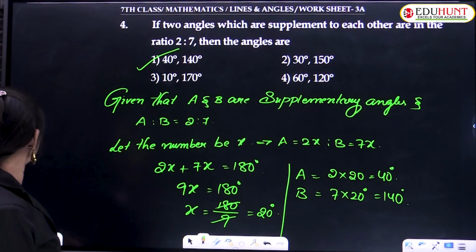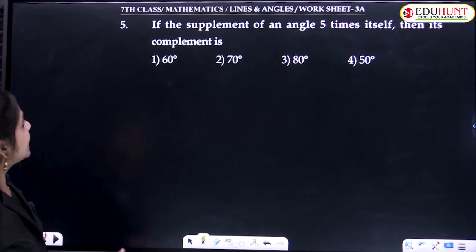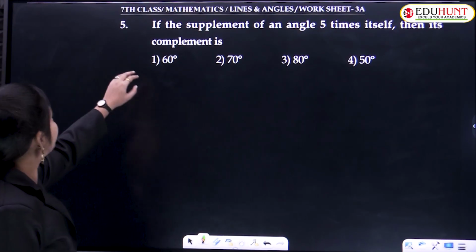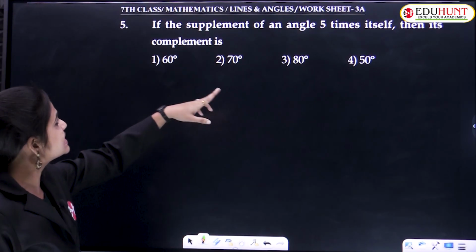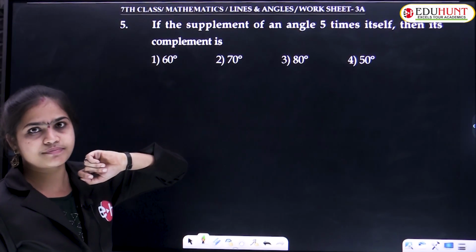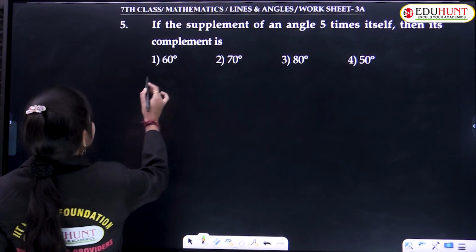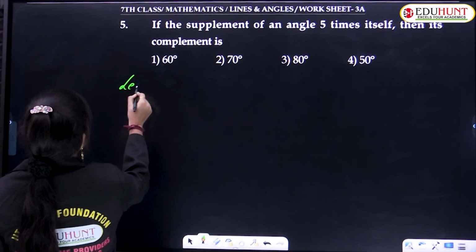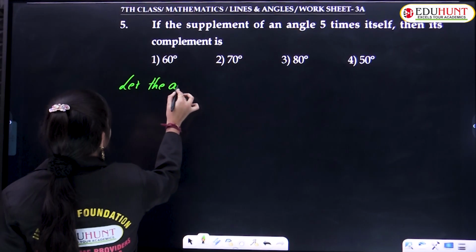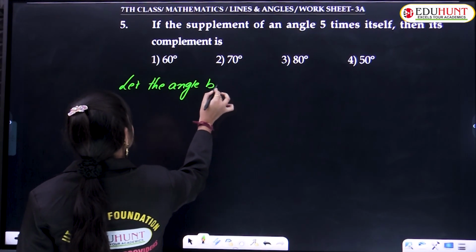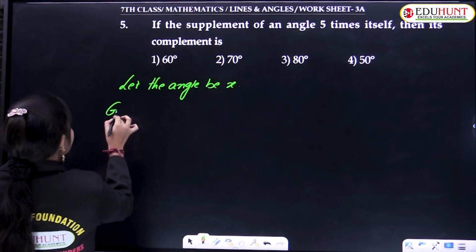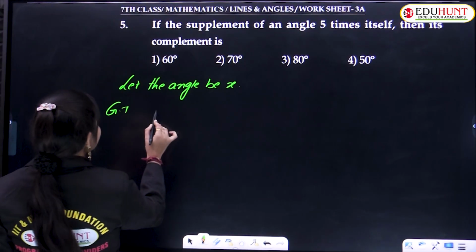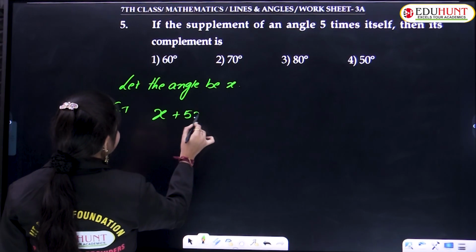Okay? Yes. Fifth one, if the supplement of an angle is 5 times itself, then its complement is, okay, see here, given that, let the angle be some x. Given that the supplement of an angle is 5 times itself, which means x plus 5x.